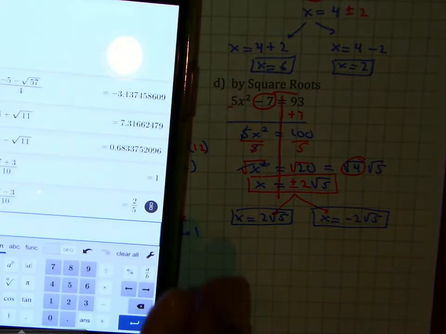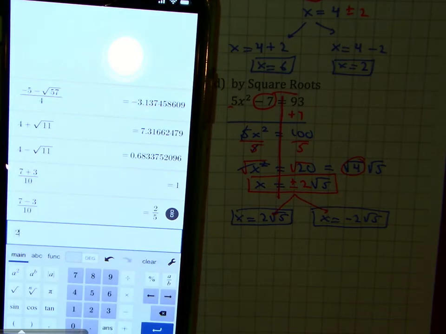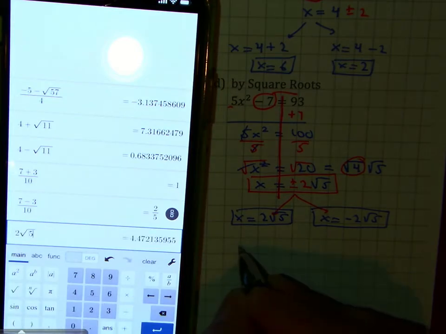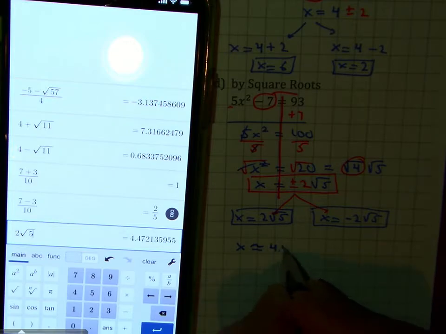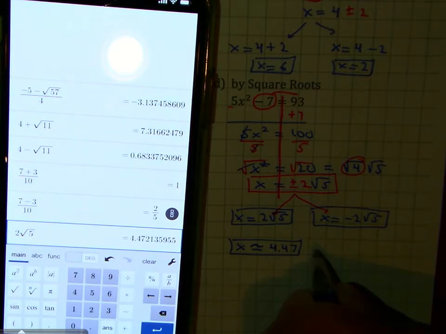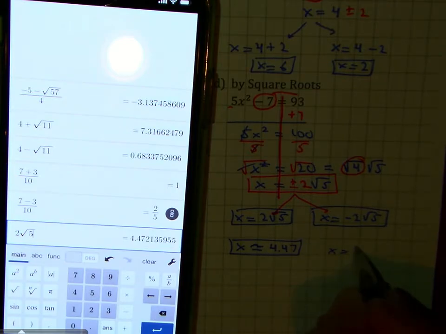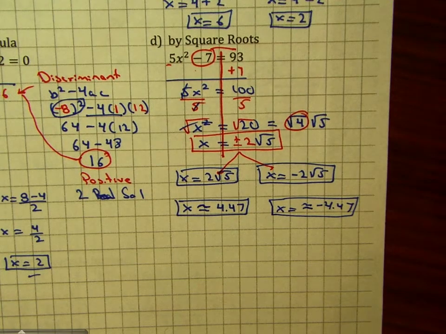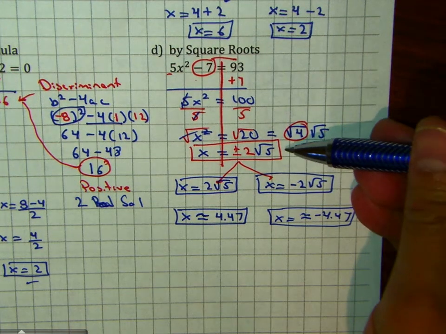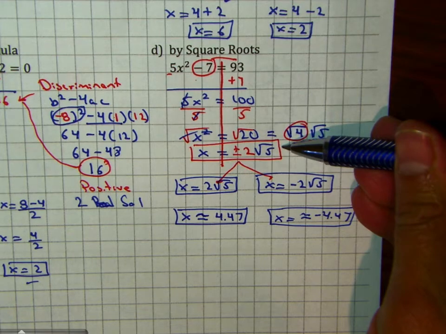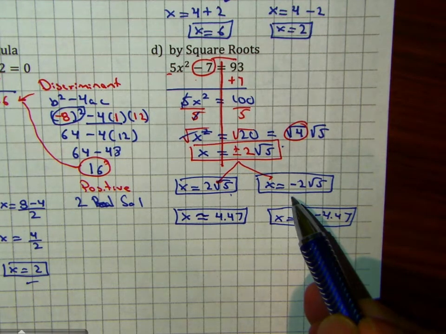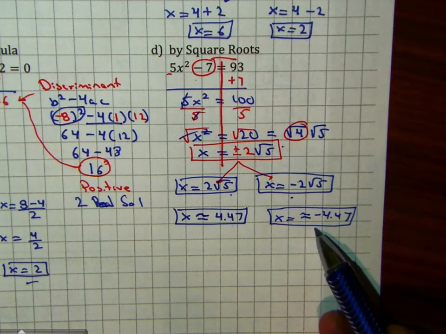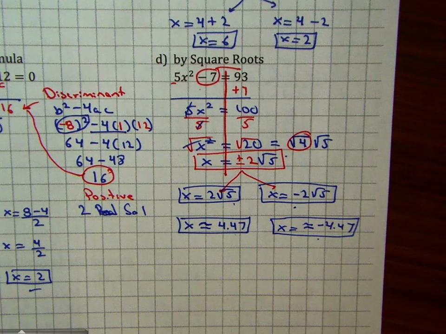So we can just type in 2 times the square root of 5, and we're going to get an approximation to two decimal places, 4.47, and with a negative, negative 4.47. So there are 3 different ways that you might see your answer on a SAT or PSAT. They give it to you as a combined plus or minus 2 square root of 5, separate, one positive, one negative, or the decimal equivalent of each one if they allow you to use a calculator.